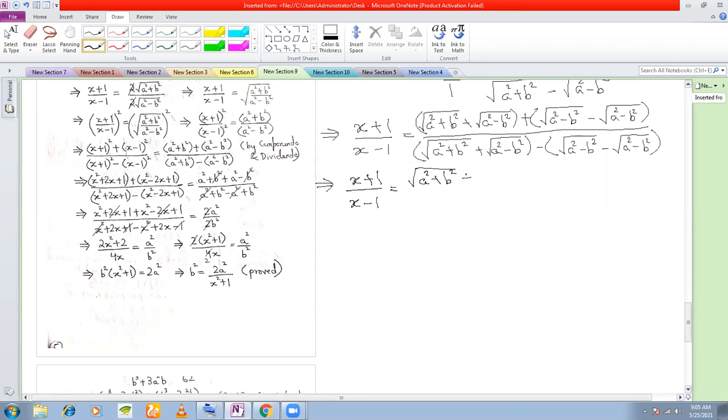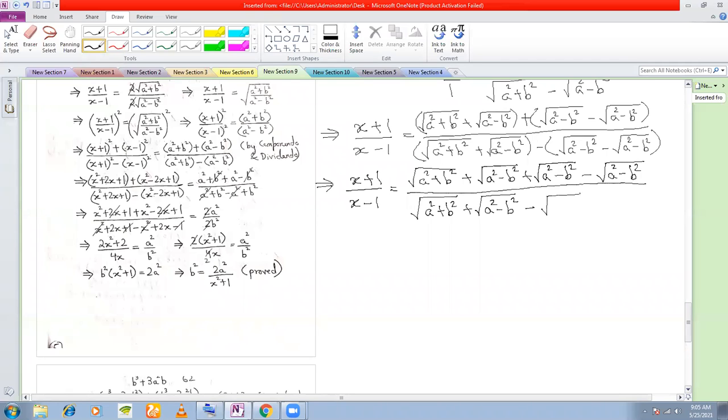Open the brackets. In the numerator, no sign will change because you have a plus sign. Since here you have a minus sign, the signs inside the brackets when you're opening it will change.